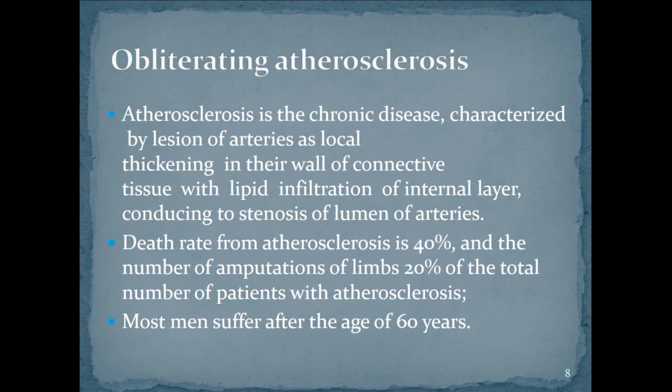Obliterating atherosclerosis. So it is a chronic disease characterized by lesion of arteries as local thickening in their wall of connective tissue with lipid infiltration of internal layer, conducing to stenosis of lumen of the arteries.